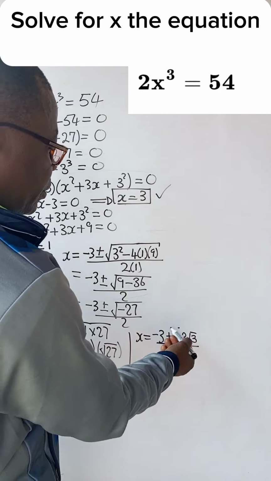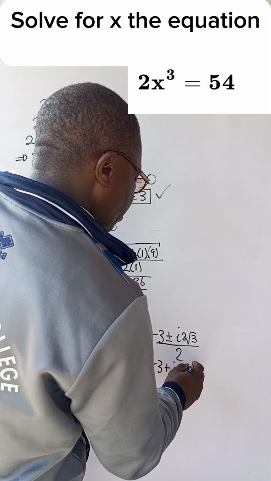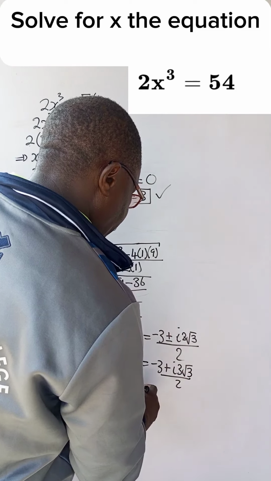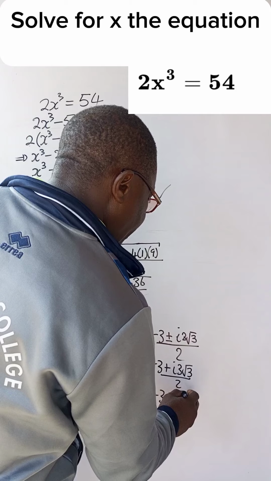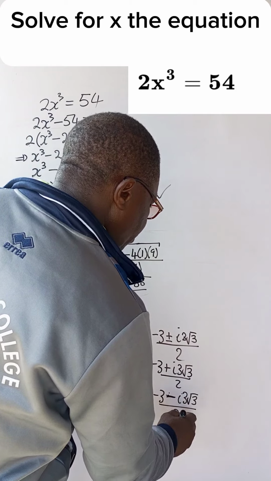The first one will be x is equal to negative 3 plus i 3 root 3 all over 2, and the second will be negative 3 minus i 3 root 3 all over 2.